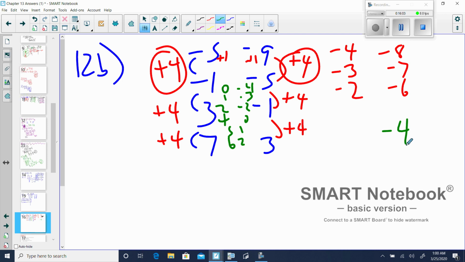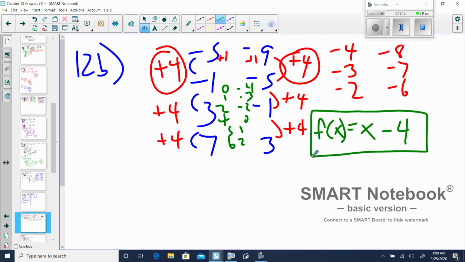So -4 is our B value, right? So what we actually want right here is not an x plus 4. We want an x minus 4, guys. X minus 4.